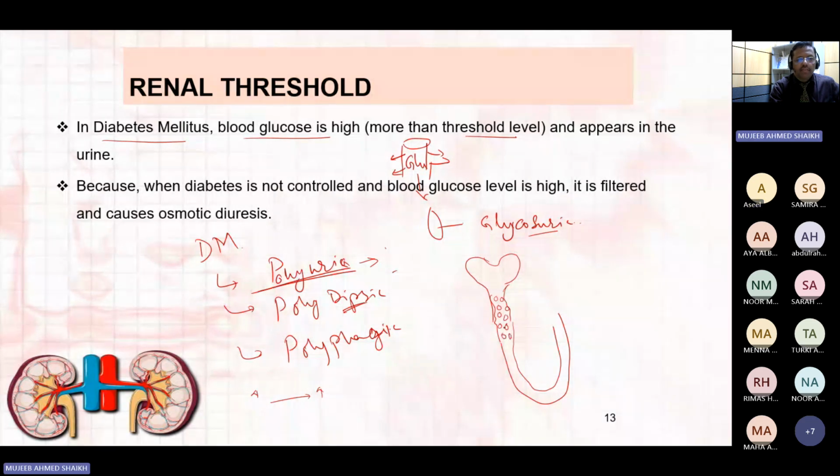When fluid is filtered from the glomerulus into the Bowman's capsule and reaches the proximal convoluted tubule, if the person is suffering from diabetes mellitus, they will have more blood glucose, so more glucose molecules will come into the proximal convoluted tubule. If we have a solution where more solutes are there, we call it a hypertonic solution.